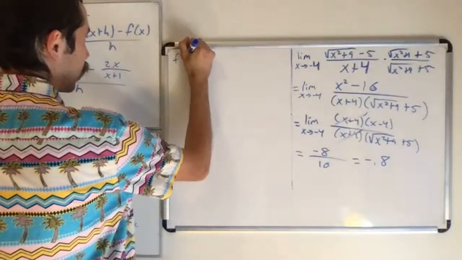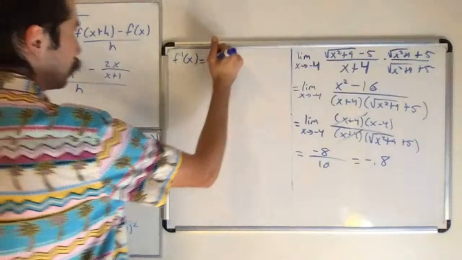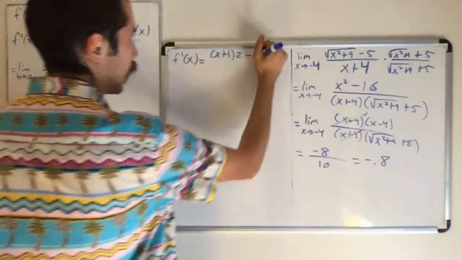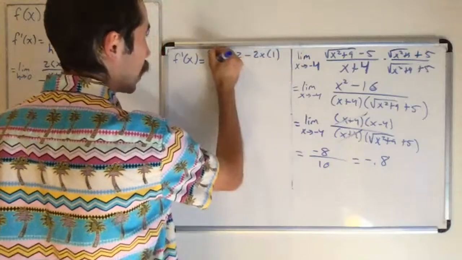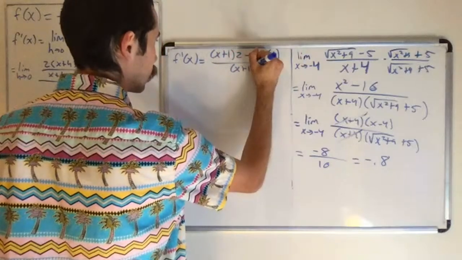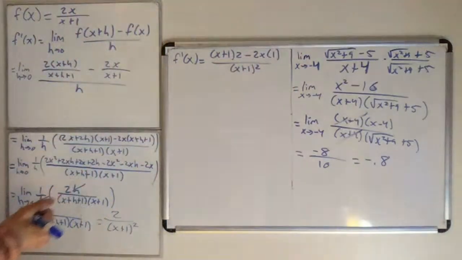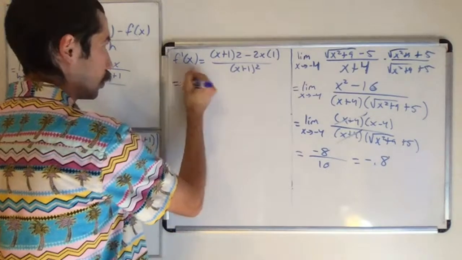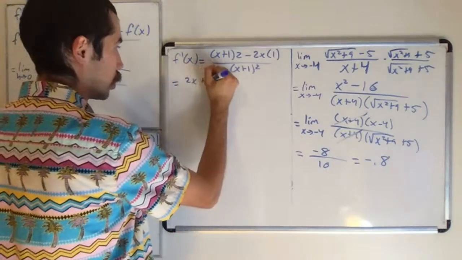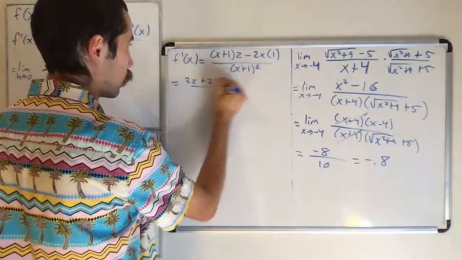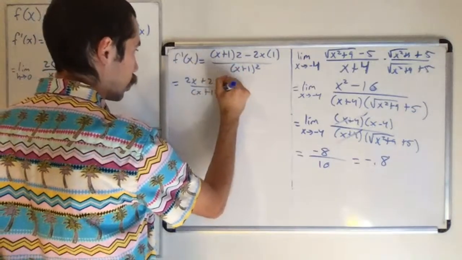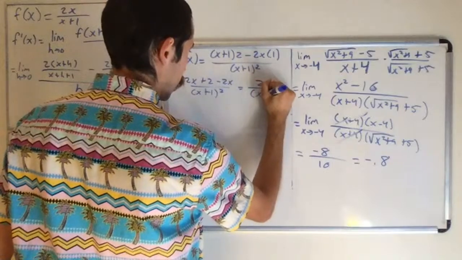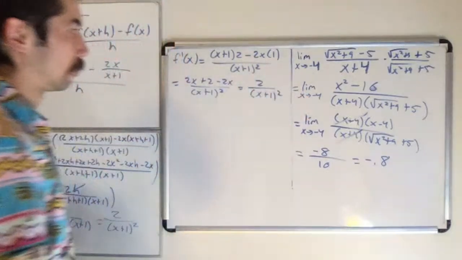Right, so f prime of x is equal to the bottom times the derivative of the top minus the top times the derivative of the bottom, all over the bottom squared. Which is 2x plus 2 minus 2x over x plus 1 squared, which is 2 over x plus 1 squared.